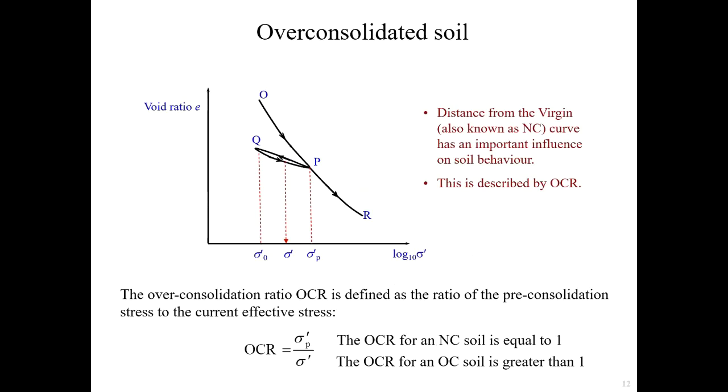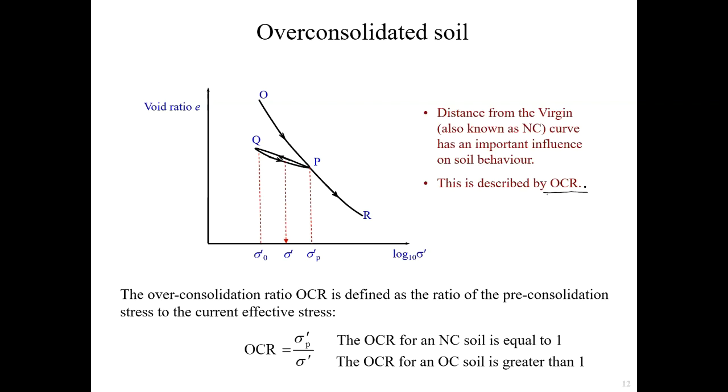For the e-log sigma curve, the distance from the virgin curve has an important influence on soil behavior, and it's normally evaluated by the OCR. So this is another important definition. The over-consolidation ratio, or OCR, is defined as the ratio of pre-consolidation stress to the current effective stress in the soil.